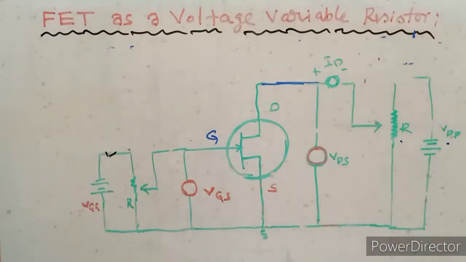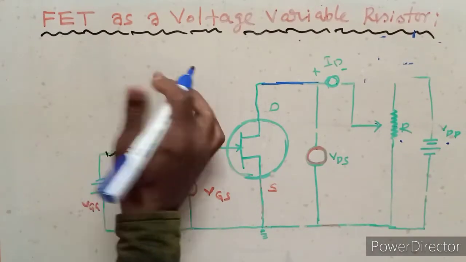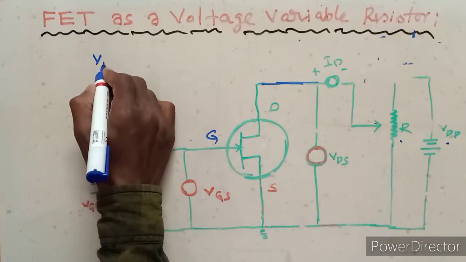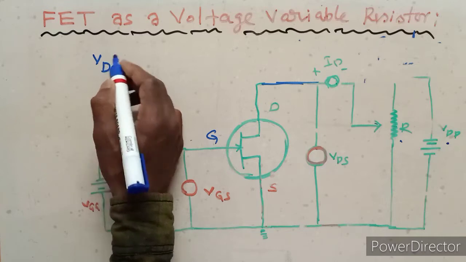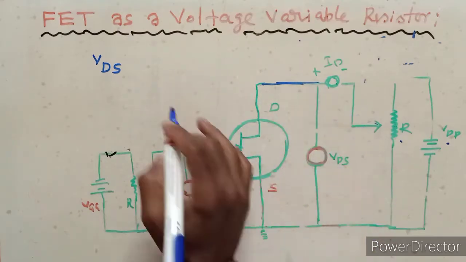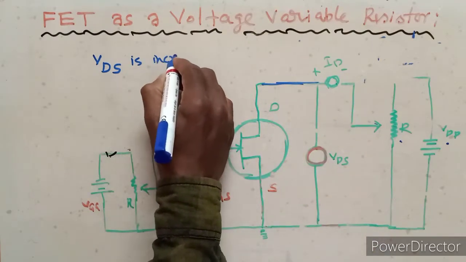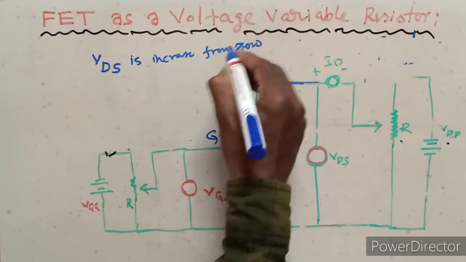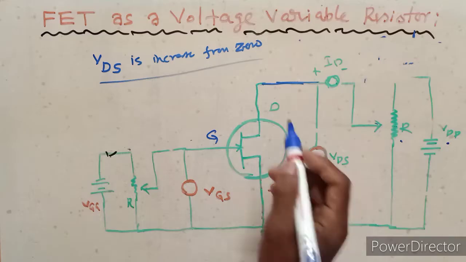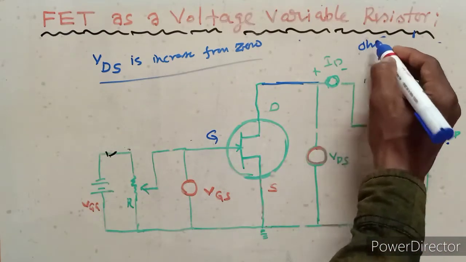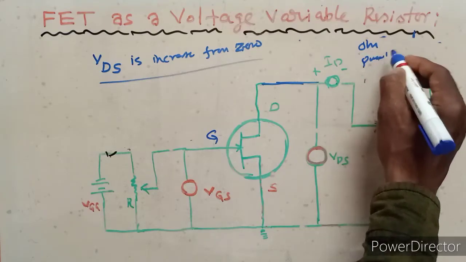What is the condition? In the region before pinch off, VDS, voltage between drain and source, is increased from 0. That condition is after ohmic region, before pinch off region.